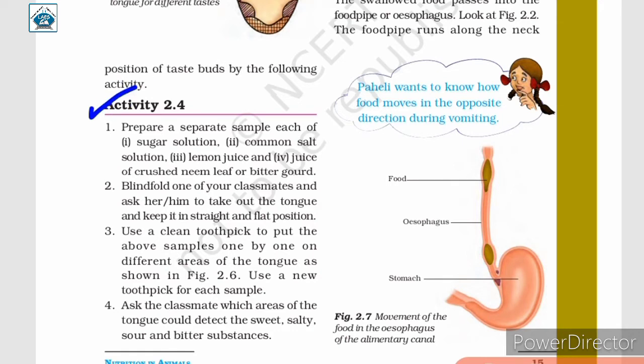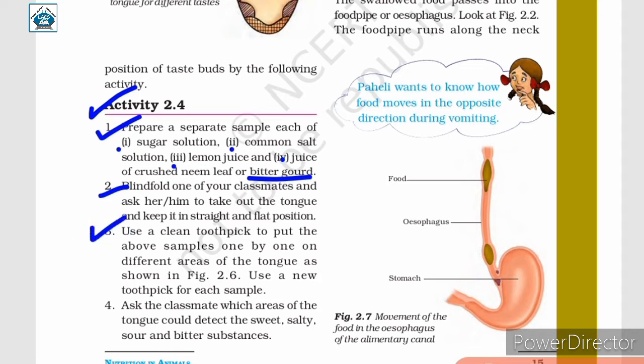Activity 2.4. Prepare a separate sample each of sugar solution, common salt solution, lemon juice and juice of crushed neem leaf or bitter gourd. Blindfold one of your classmates and ask her or him to take out the tongue and keep it in a straight and flat position.